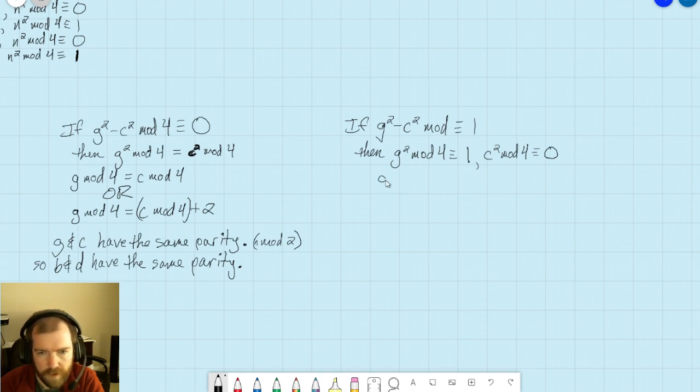So g mod 4 would either have to have a value of 1 or 3, and c mod 4 would have to have a value of 0 or 2.